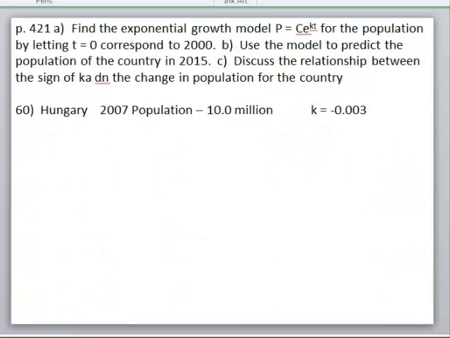This next one is talking about finding exponential growth and looking at the countries and the population. So the first thing I'm going to do is go ahead and write down the formula they want me to use. The K value they give me is negative 0.003.